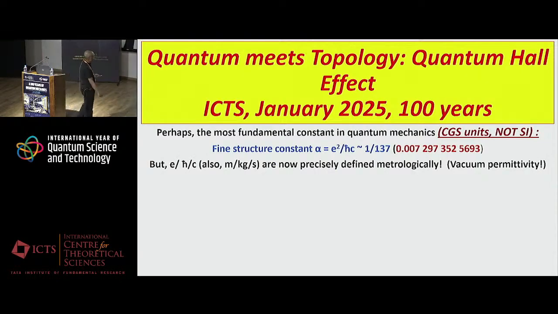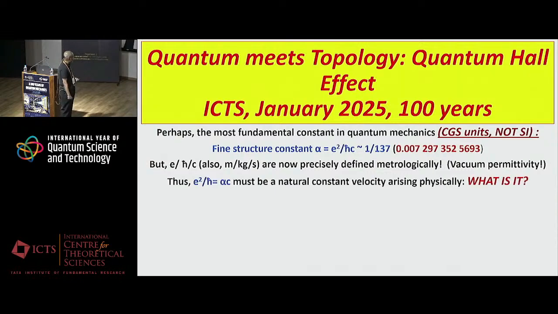But now, some of you know, I'm sure, that e, h-bar, and c, and meter, kilogram, and second are precisely defined. There is no ambiguity in them. Precisely defined metrologically. This is as of 2020, okay? And vacuum permittivity plays a role there. So then this kind of strange paradox arises: if e squared over h-bar c is a constant, and c is a velocity, then e squared over h-bar should be a velocity also occurring in nature, okay?